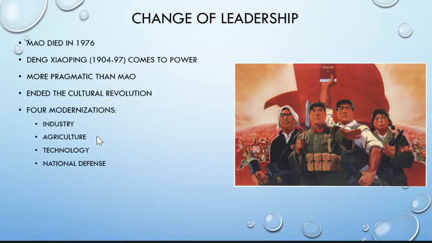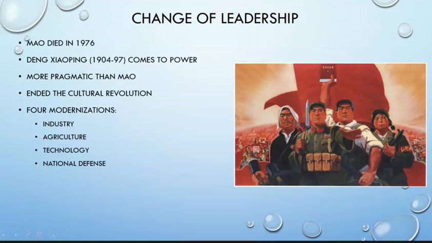And he brings about what he calls the four modernizations. He wanted to modernize industry, agriculture, technology, and national defense. And so you see these four people here represent the four modernizations.